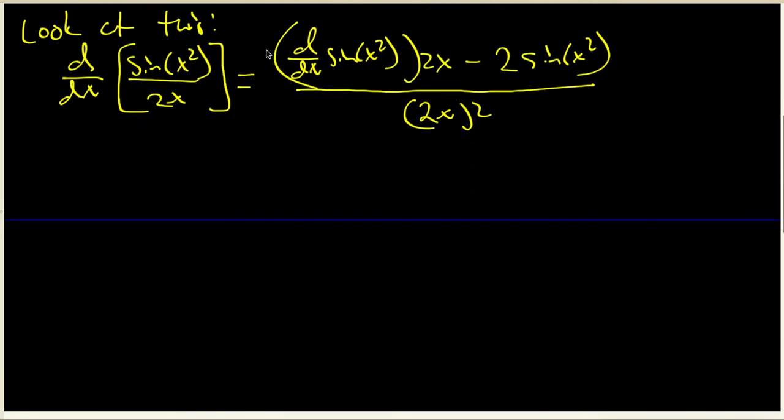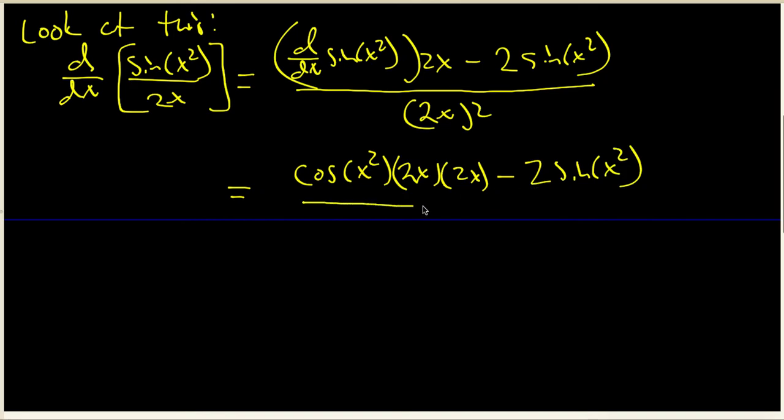And now I've got to deal with this derivative. And what I want to notice is that this derivative here requires the chain rule. And so when I do the chain rule on that particular derivative, I'm going to wind up having cosine of the junk times the derivative of the junk, which is just a 2x, times that 2x, minus this stuff, all over, well, when I square 2x, I'm going to get 4x squared.